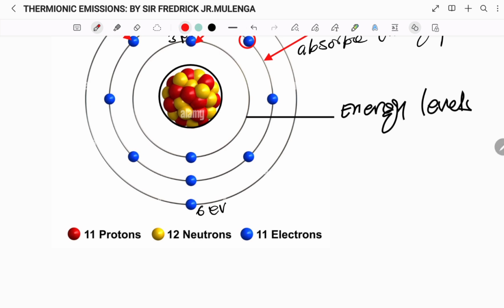Energy in science is called thermal. Thermal in science means heat energy.